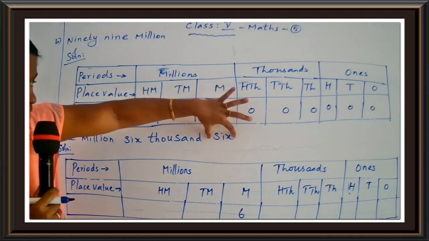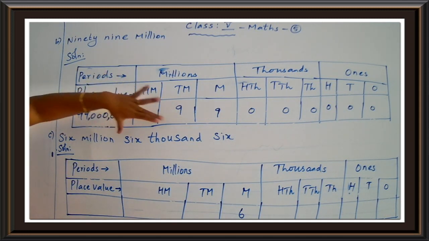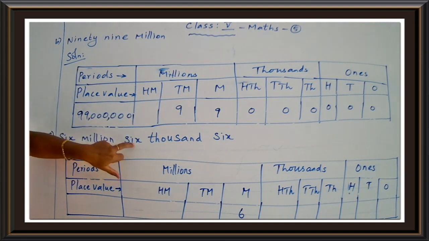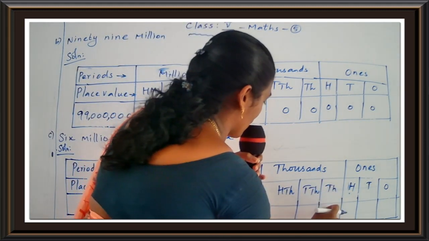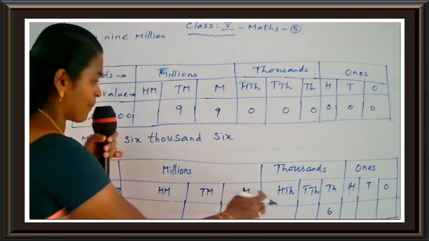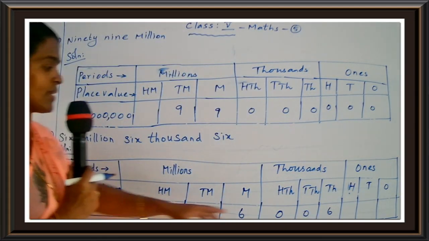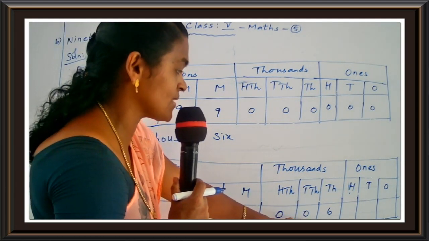In the million period, which number? 6. Only the 1 million place is given. Here also in the thousands period, only the 1,000 place is given. That is 6. The remaining places, 100,000 and 10,000, are not there, so you put 0 and 0. 100,000 is 0, 10,000 is 0, then 1,000 place is 6.